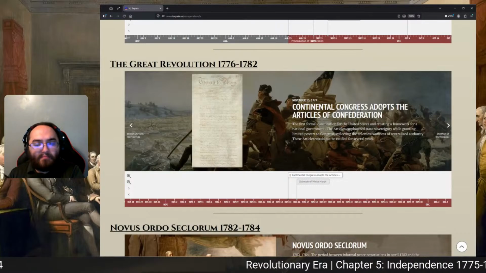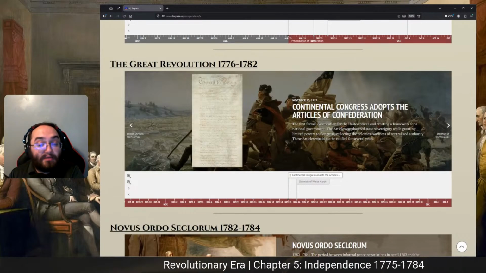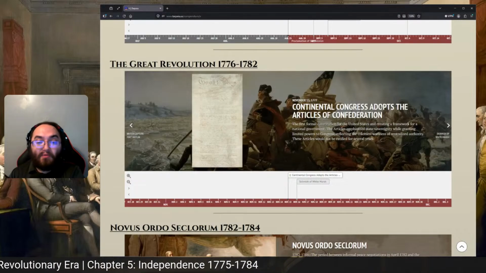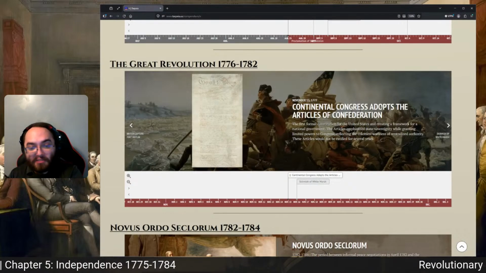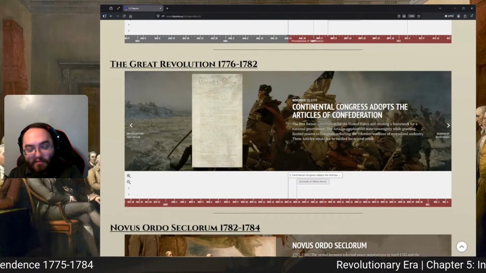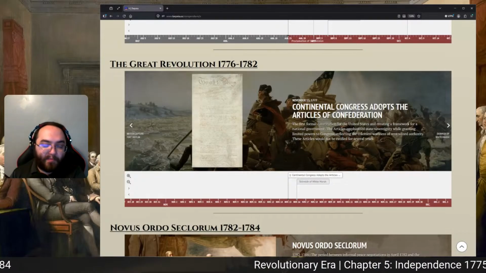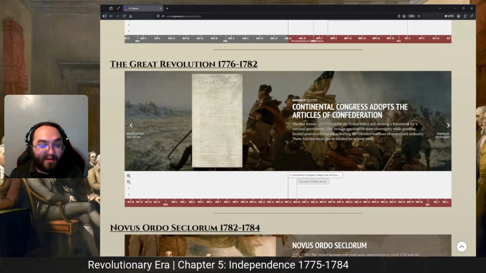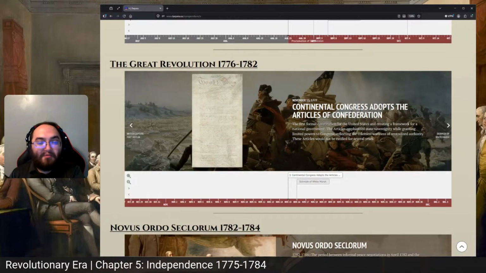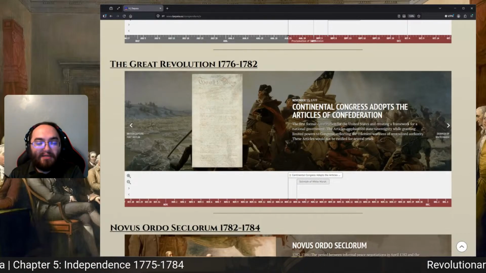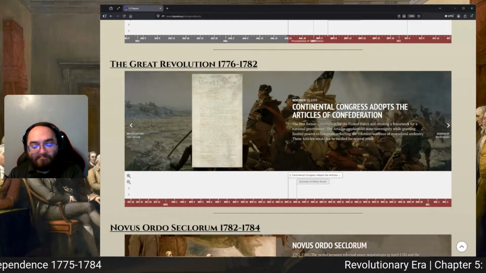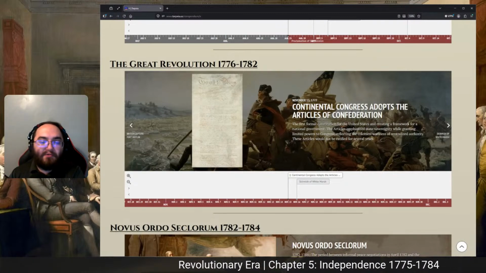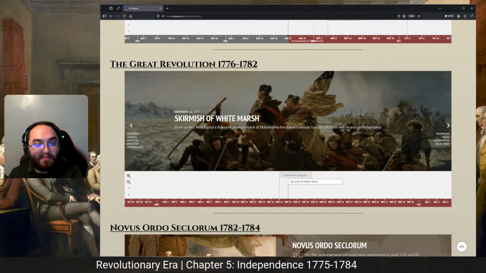And one of the major flaws of the Articles of Confederation was the fact that the federal government could not raise taxes, so it depended on states to give the national government money, which some states, like Rhode Island, didn't give any money, despite Rhode Island benefiting from the war effort. So, yeah, this is one of the major flaws of the Articles of Confederation, which will become a problem later.